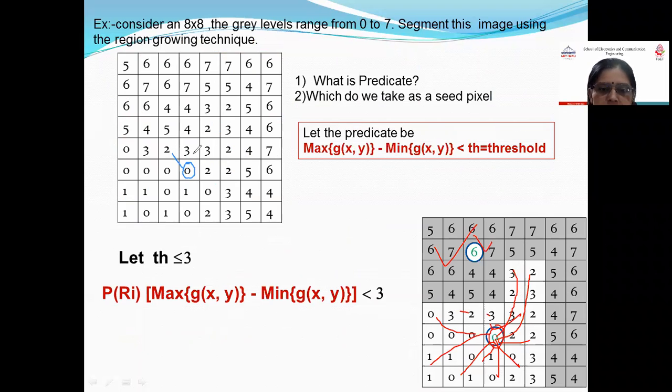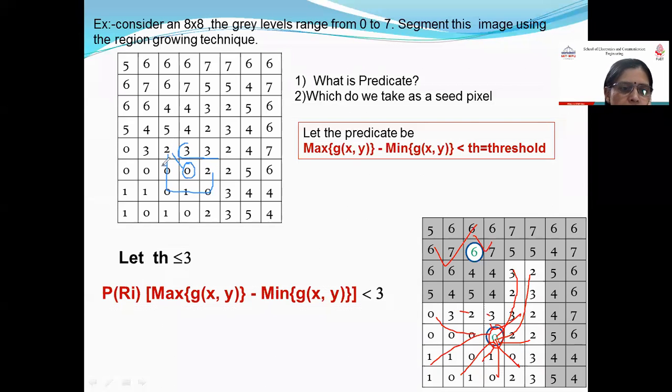Then 0 and 3, actually if we consider less than 3, it should be in different region. Okay, then 0 minus 2, it should be in the same region. Then also all these pixels belong to the same region.